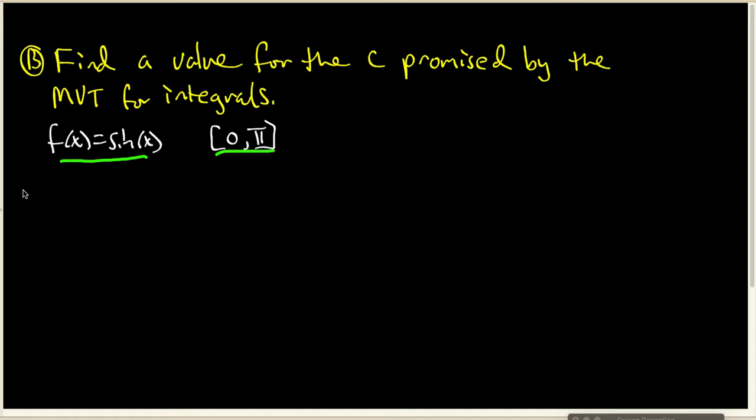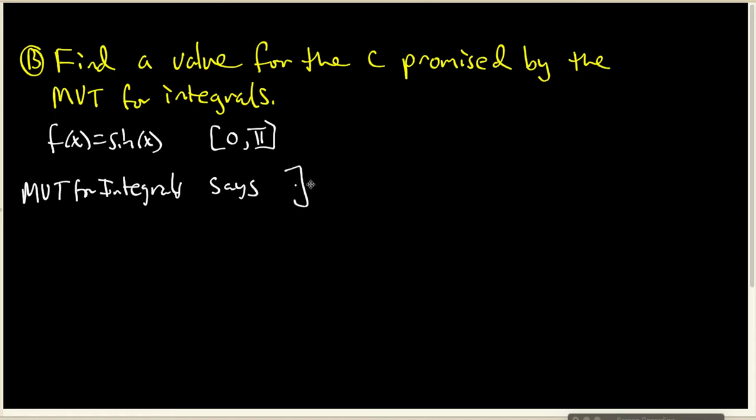So the mean value theorem for integrals says there is a c inside the open interval between 0 and pi such that sine of c is equal to the average value, and the average value was 2 over pi.